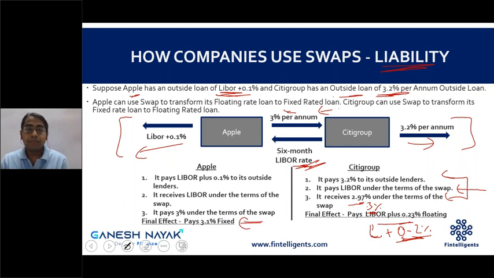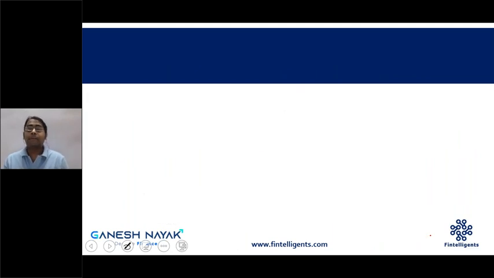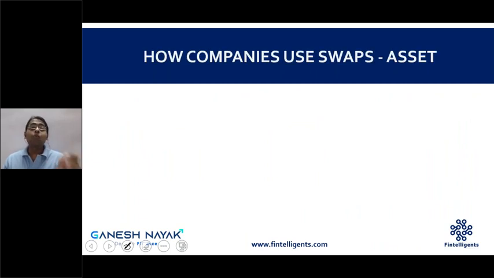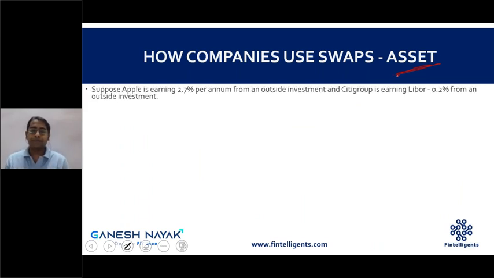But if we look at asset, that means if suppose a company has already invested in an asset, that means the company is going to receive a cash flow. Okay. Now let us look at this example and see how swap is actually able to help you in this entire process. Suppose Apple has already invested in an asset which gives it 2.7% per annum.